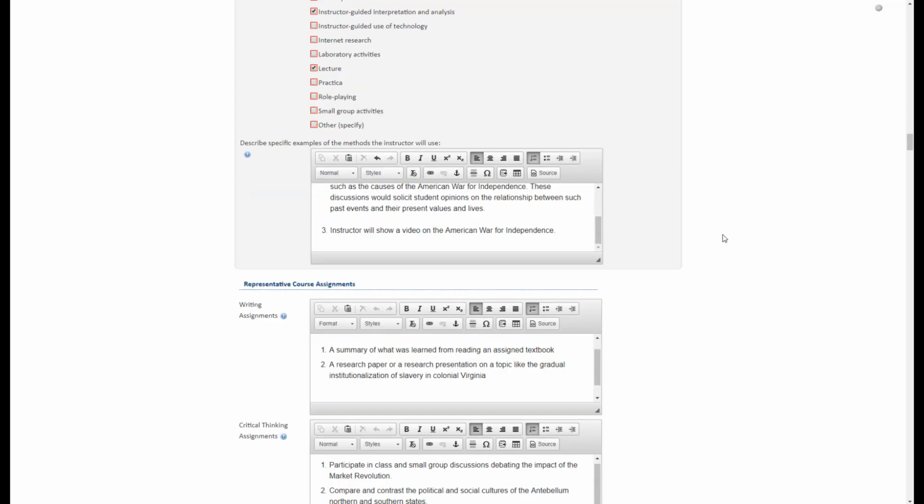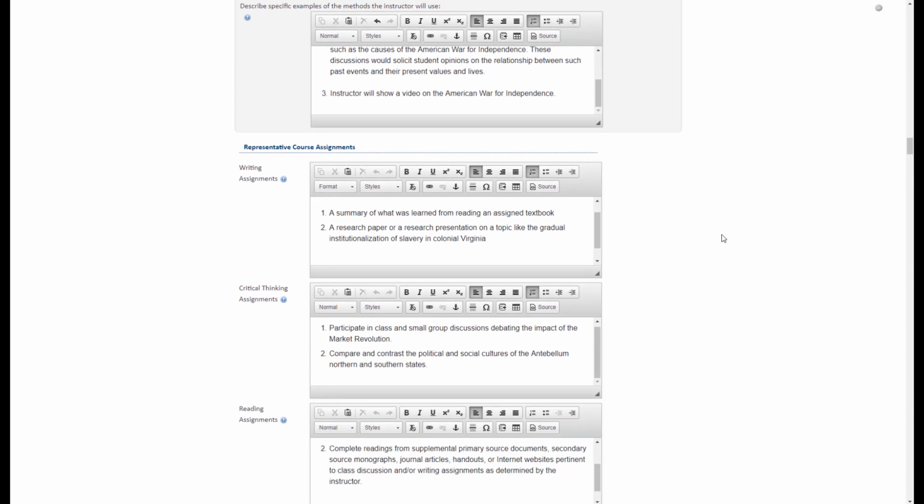And finally, look at the methods of evaluation and representative course assignments. Assignments and methods should support the students achieving the course objectives and having the ability to perform the SLOs. Assignments are also usually the way faculty assess whether or not students have met the course SLOs. If a faculty member is planning to assess each SLO through existing assignments, the outline should have adequate assignments listed to accomplish that.